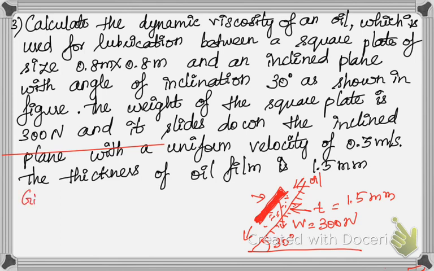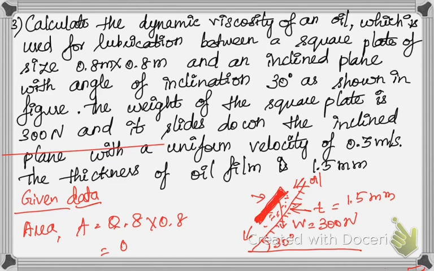First we have to write the given data. The first given data is a square plate of size 0.8 meter by 0.8 meter, so the area is given. Area A is equal to 0.8 into 0.8, which is 0.64 meter square. Next, angle of inclination is given.